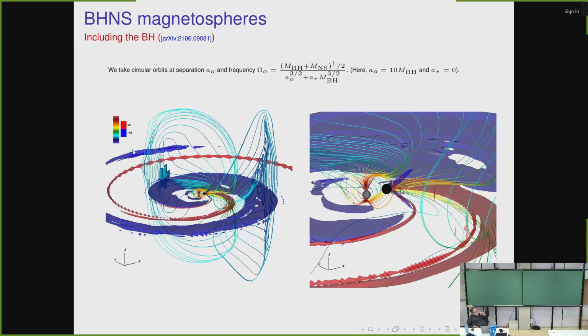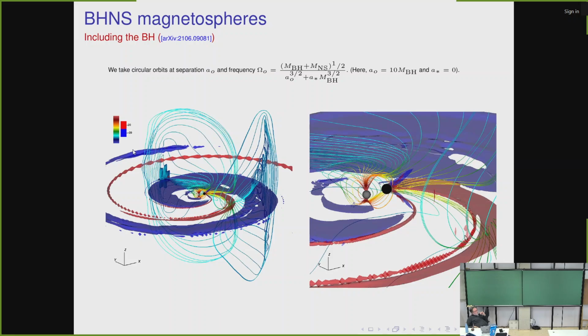Typically in pulsars, the most active emission regions are the current sheets and the reconnection associated with them. So here we also want to understand the configurations of the current sheets, and the red and the blue both signal the current sheets.